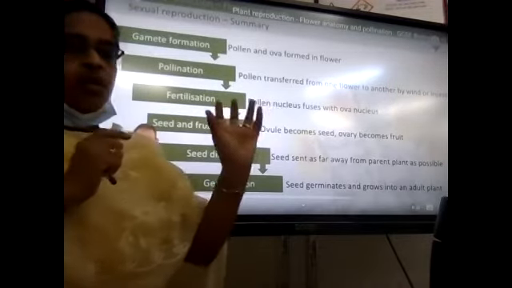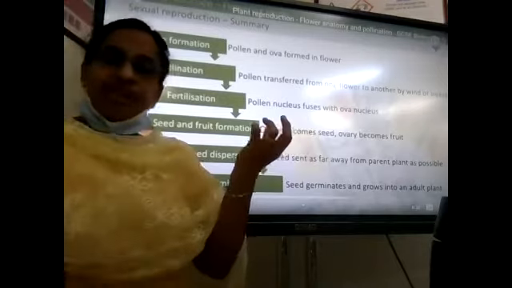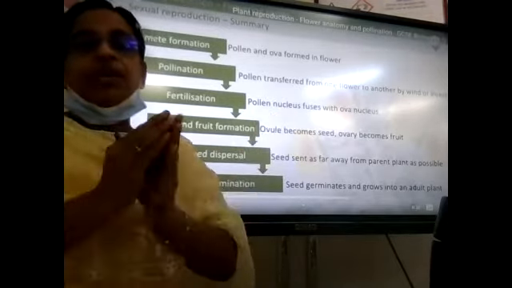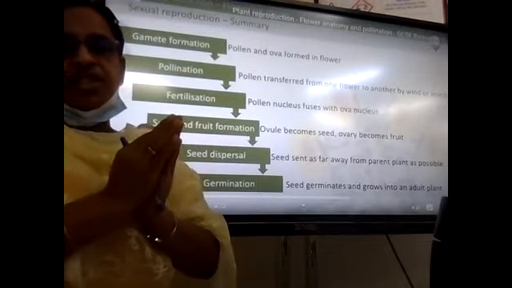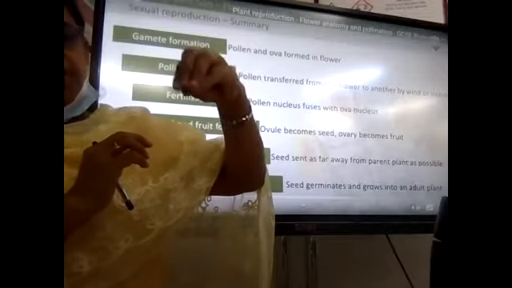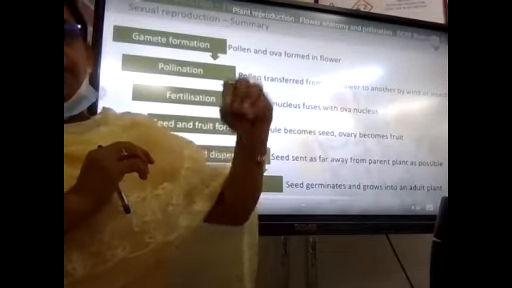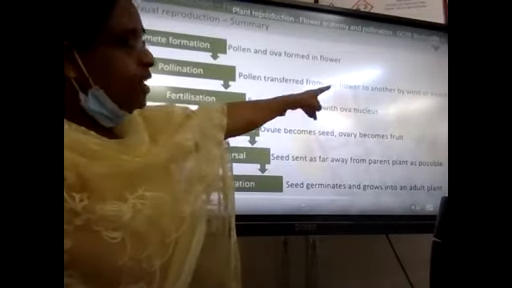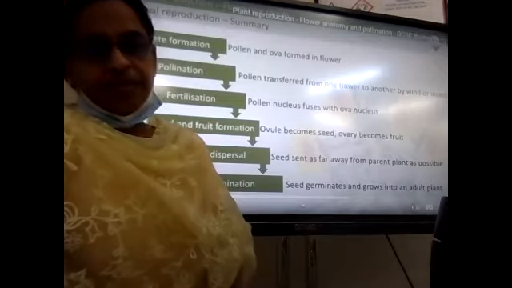Not different: a pollen from an orange flower can fall on an apple flower, but it will not become a seed. Okay, so same species. If the pollen falls on the stigma, stigma means the female part, that we will learn, then only it will grow into a seed. And it is happening either by wind or by insect.